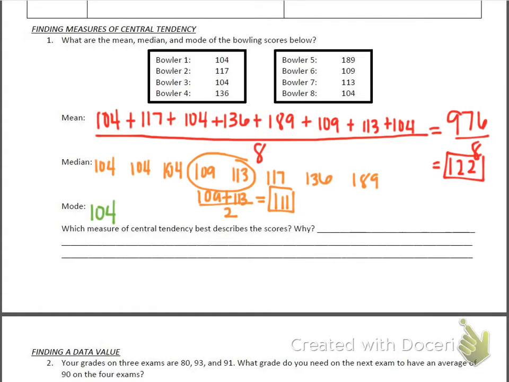Did it pull our mean higher than the middle value? So 189 is an outlier. If it was not an outlier, mean and median should be pretty darn close because they would both be in the middle. Okay? So because 189 is so much bigger, it pulled our mean over so that our mean was bigger than the median value.